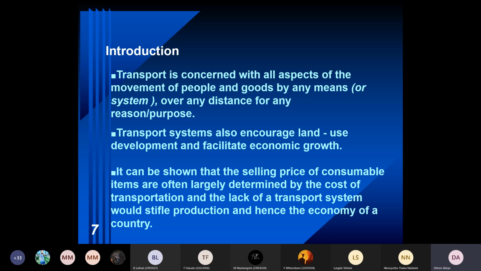And if you look at the last bullet there, you can also see how the cost of transportation impacts. The moment there's an increase in the price of fuel, the price of bread, milk, and all other food items goes up, directly linked to transport.